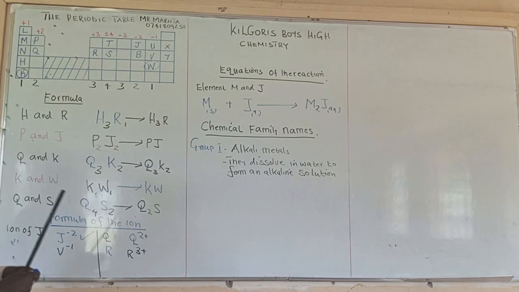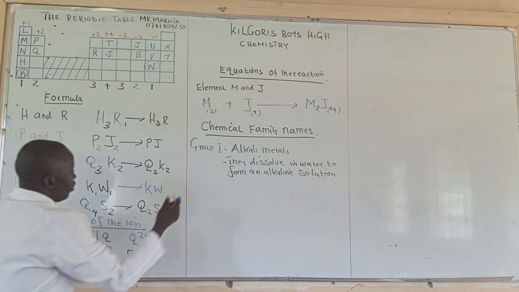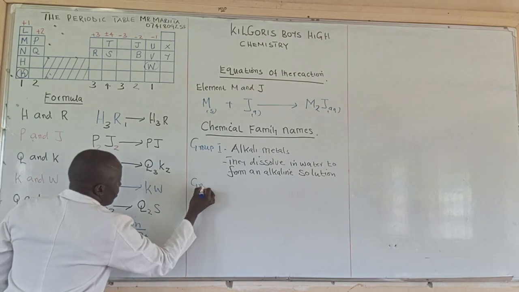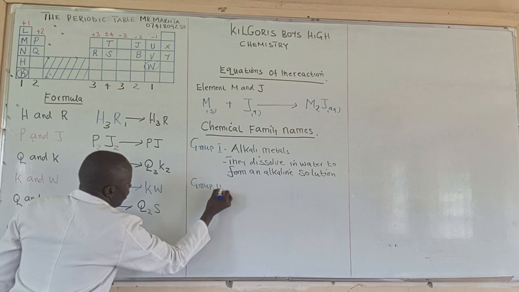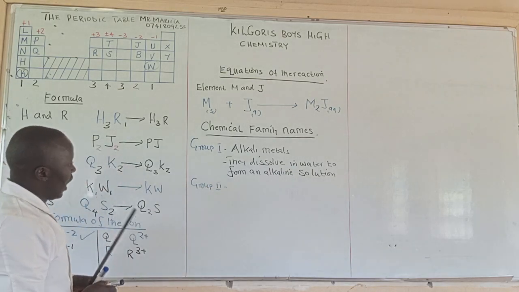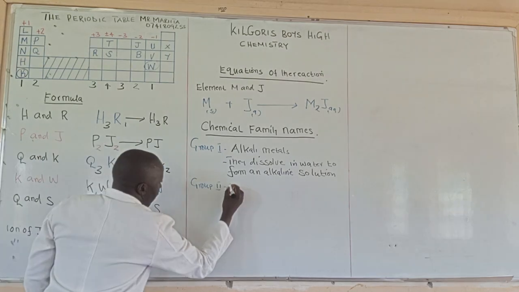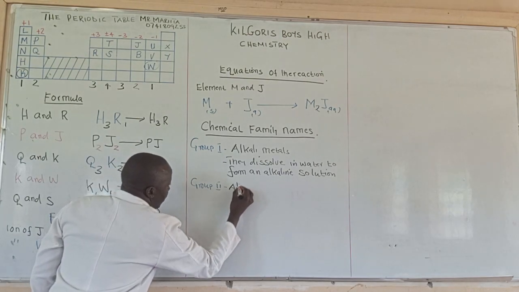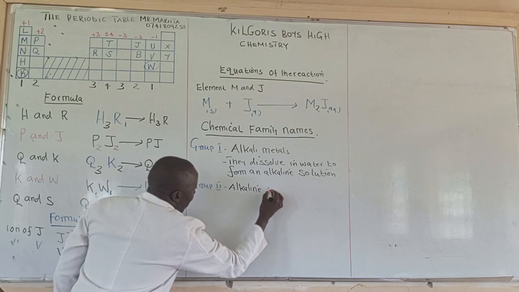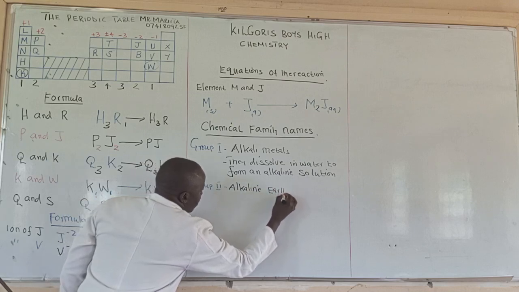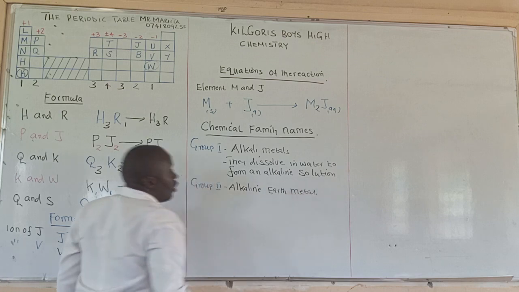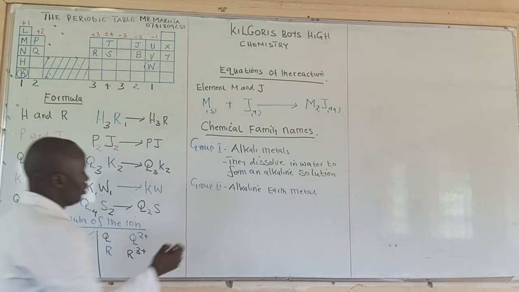We have another group, group 2. The family name is called the alkaline earth metals. Why call them the alkaline earth metals?